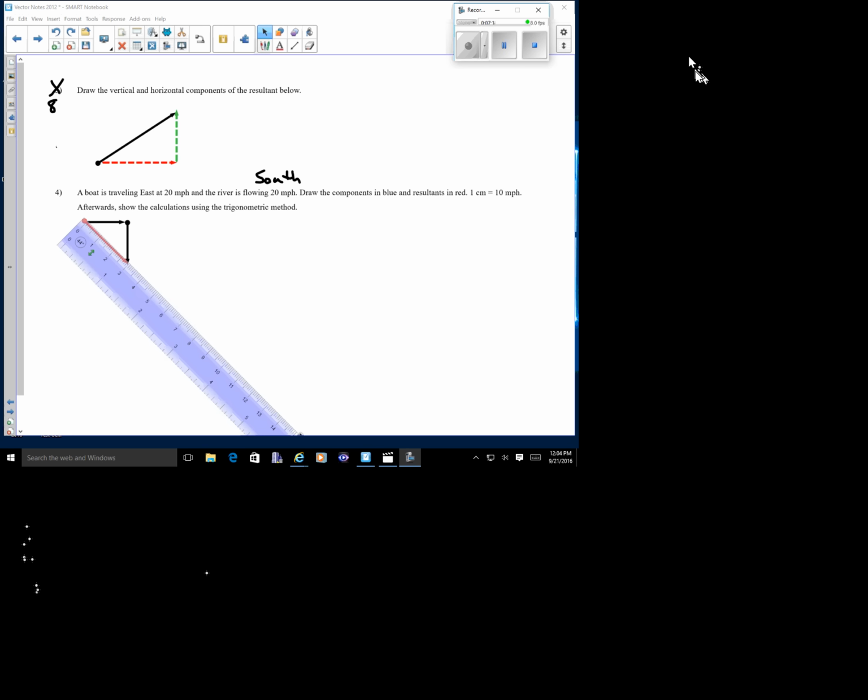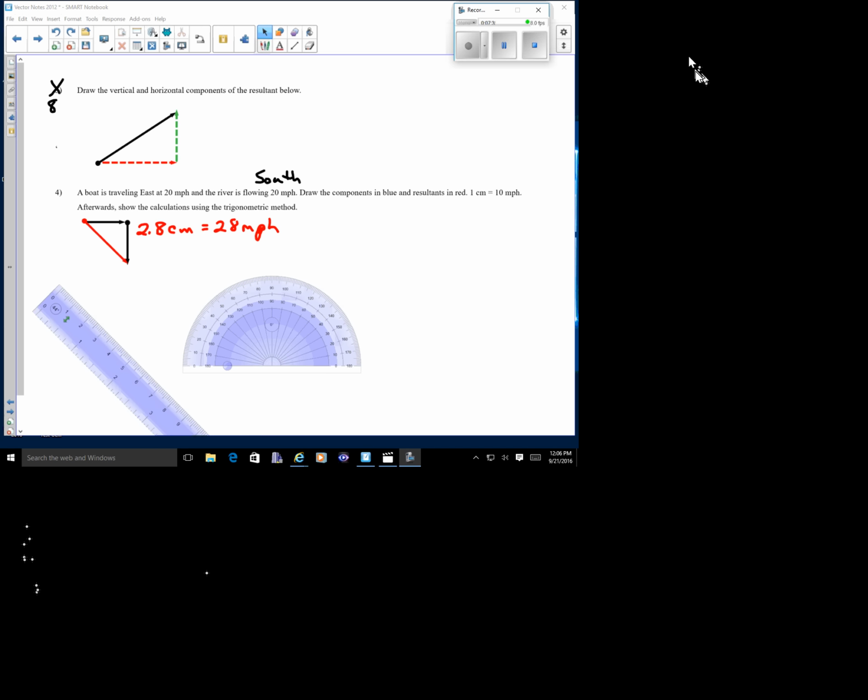Now that I have that measured, I also have to give the direction since it is a vector. And I'm going to take my protractor, I'm going to come up here and I'm going to put the eye of the protractor where I started. But then I got to turn the protractor around here. If you notice that red line comes down here to about the 45 line.